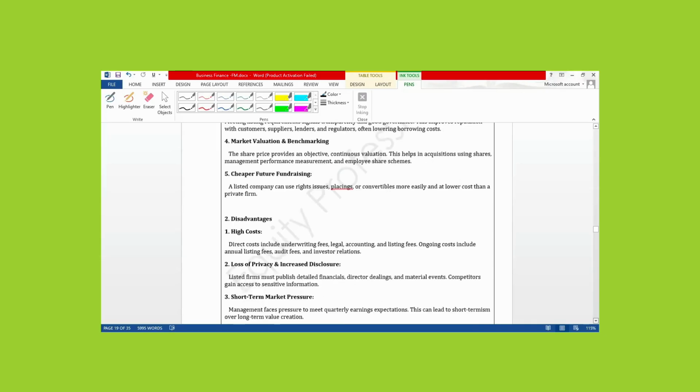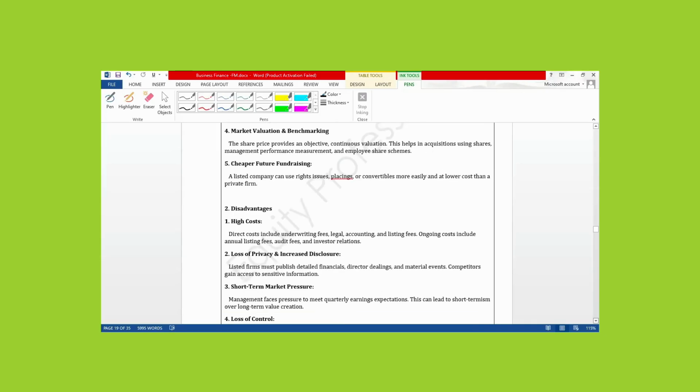What are the disadvantages? One, high cost. Direct costs include underwriting fee, legal, accounting, and listing fee.